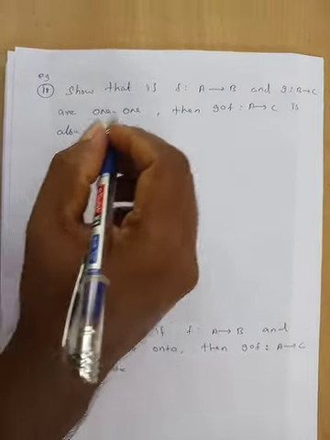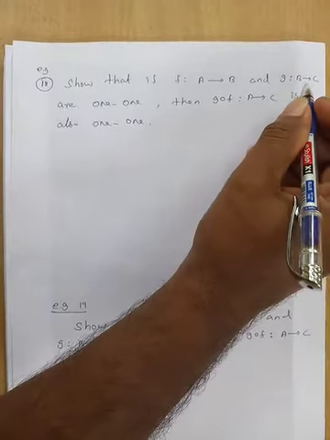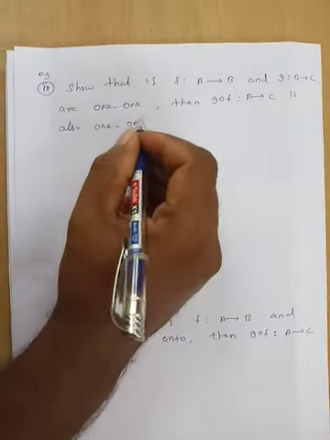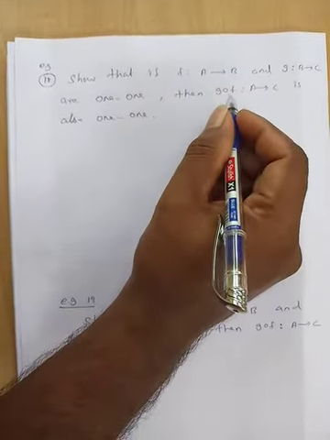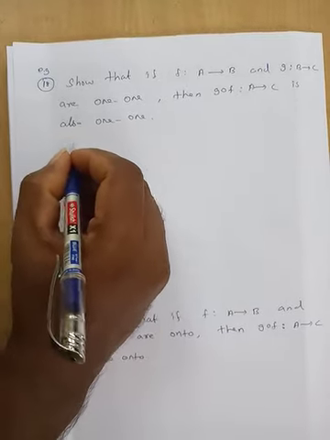So that if f from A to B and g from B to C are 1 to 1, then g composition f from A to C is also 1 to 1.